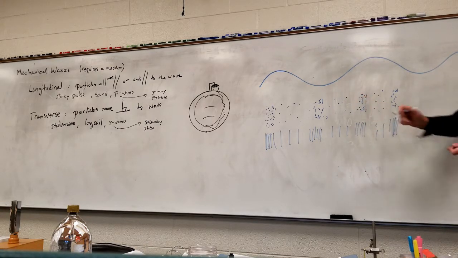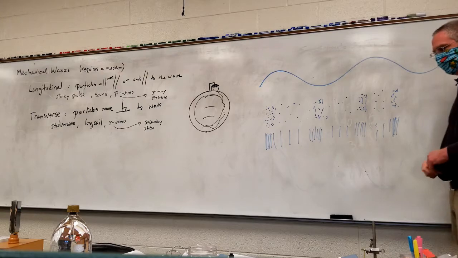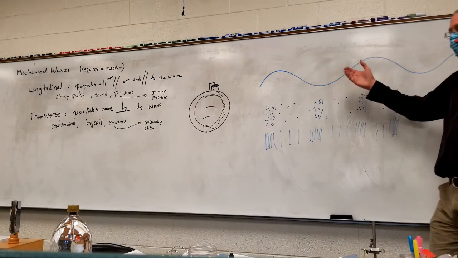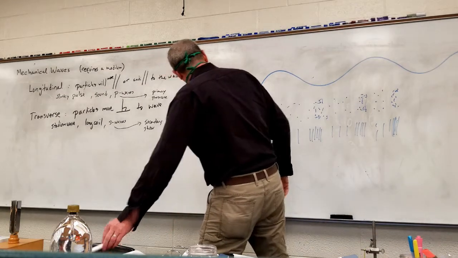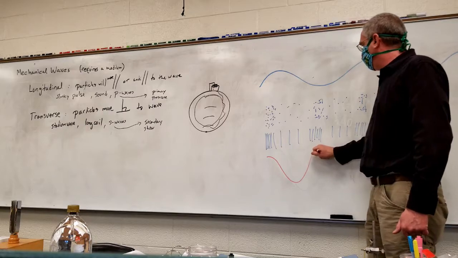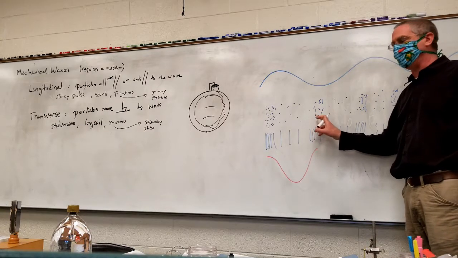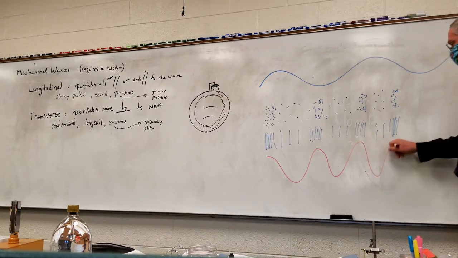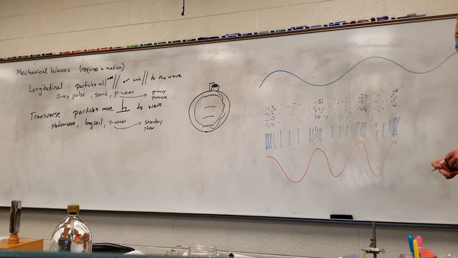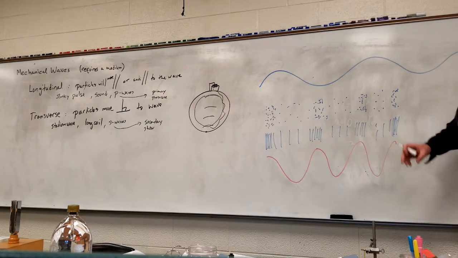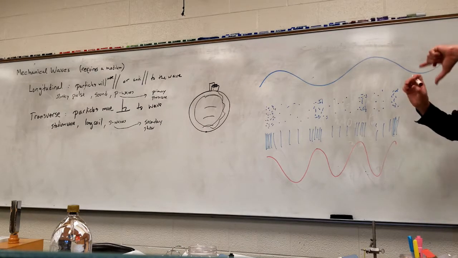And the way that I would draw this for a longitudinal wave is something that kind of looks like that. Peaking, where I've got them really close to each other, and troughing where they're farther apart, peaking, troughing, peaking. And so this is a longitudinal wave, but it's not a physical representation of the actual shape of it.